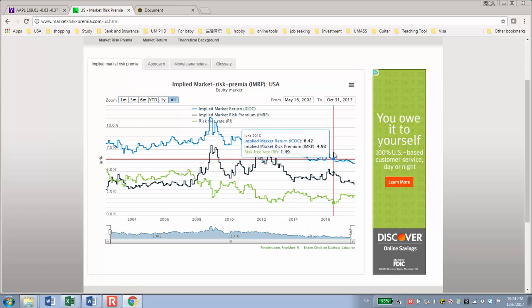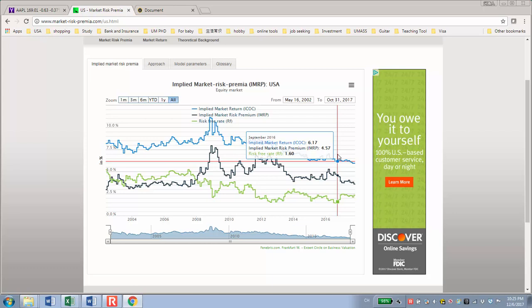we simply look up September. So for September 2016, we have the market risk premium 4.57 and risk-free return 1.6.